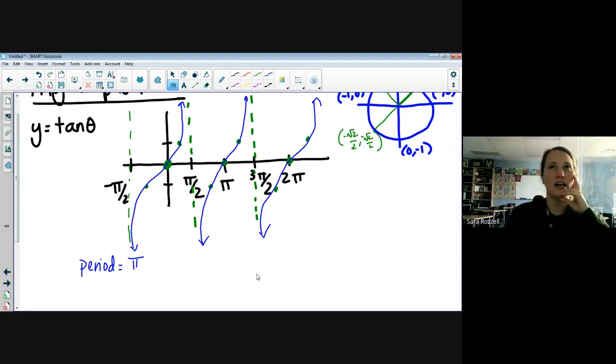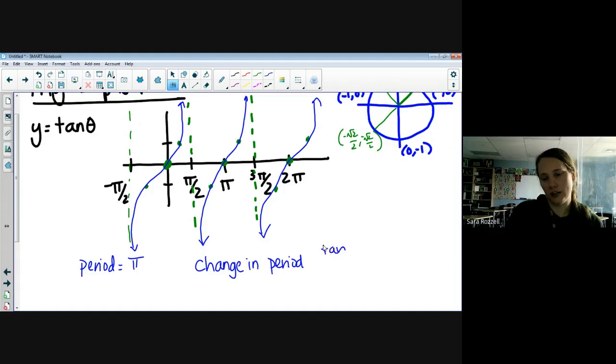So if you have any kind of transformation of your period, if you have a b value, instead of doing 2 pi over b, for tangent and cotangent, we're just going to do pi over b, okay? If you have a change in your period for tangent and cotangent, we do pi over b instead of 2 pi.